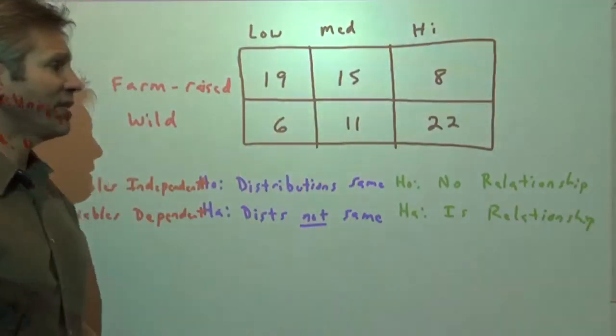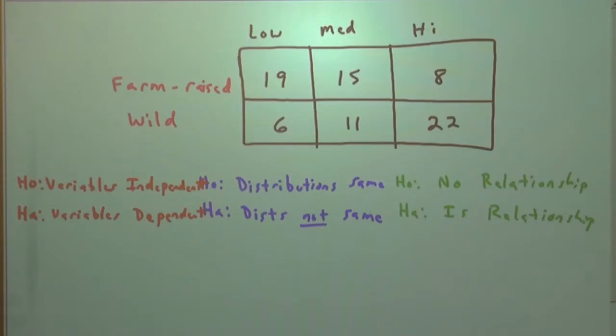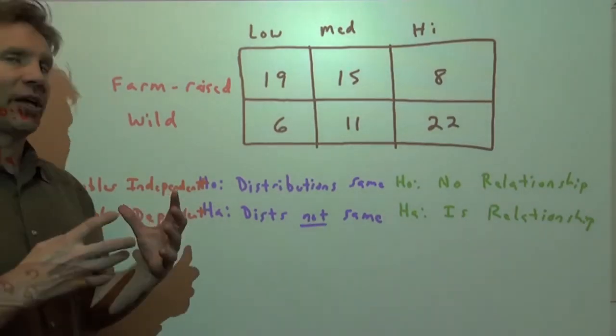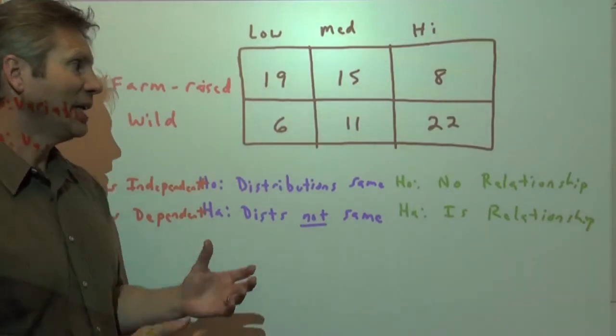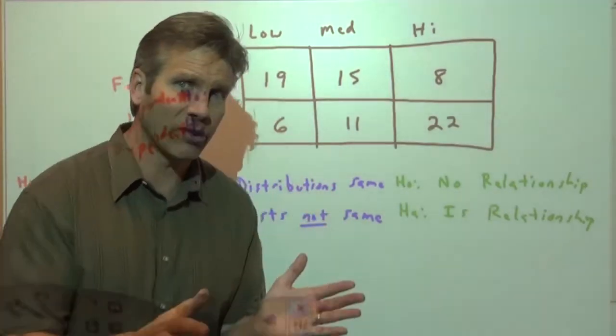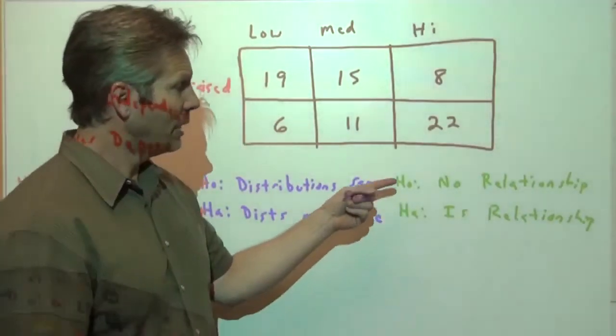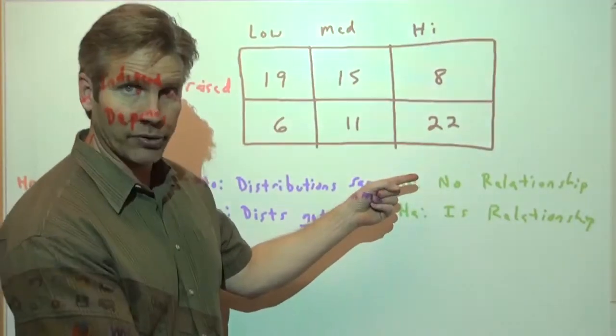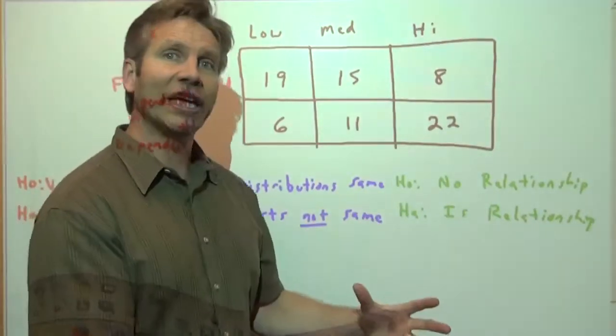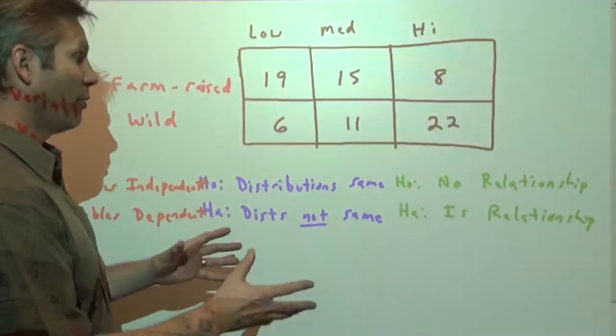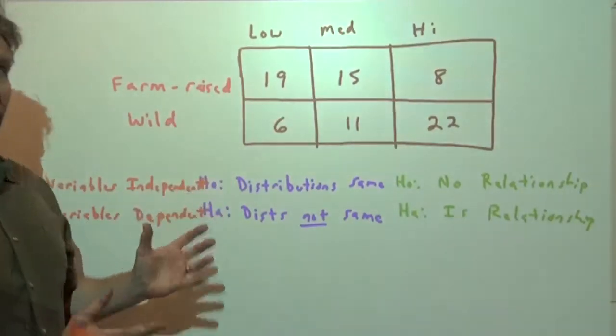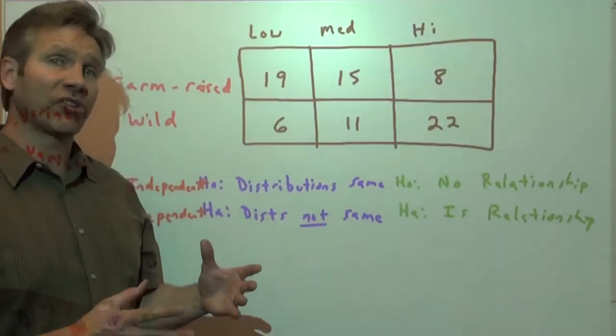There's actually 3 sets of hypotheses, really like 4, if you're running a chi-square test of independence, and it's all based on the question that's being asked. If the question asked is, hey, is there an association? Is there a relationship? The null is no relationship or no association. The alternative is that there is a relationship. Now, we might be asked, is this evidence to suggest that the two distributions are different?